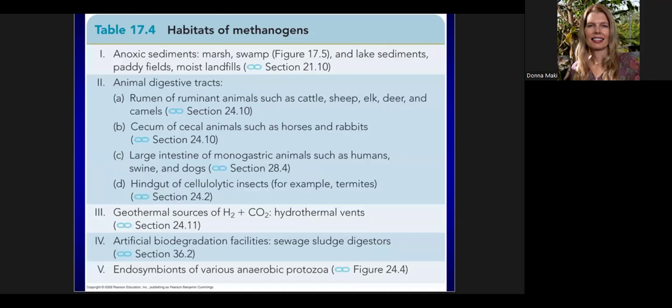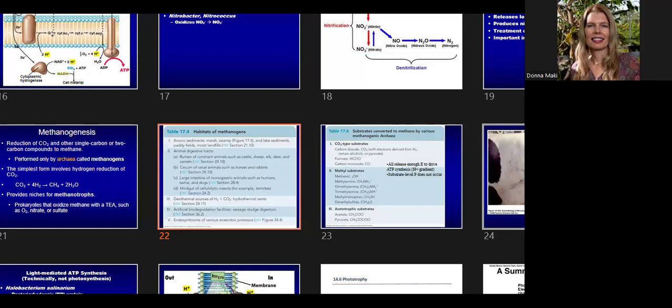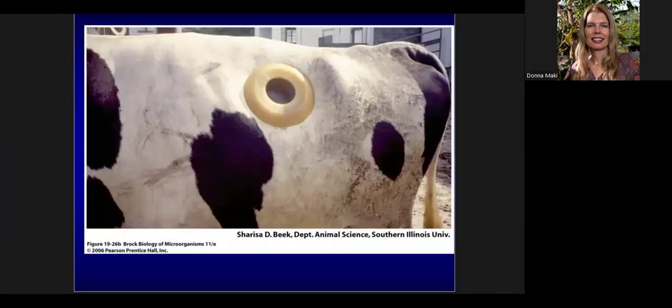So we point the finger at cattle because we raise so much cattle for food production and milk production that they're the primary culprit. If you just add up how many cattle versus sheep, elk, deer, and so on, or camels. Don't think about camels too much over here. And if you peer into that rumen in the digestive tract, which one of our former grad students did, they actually do these types of experiments.